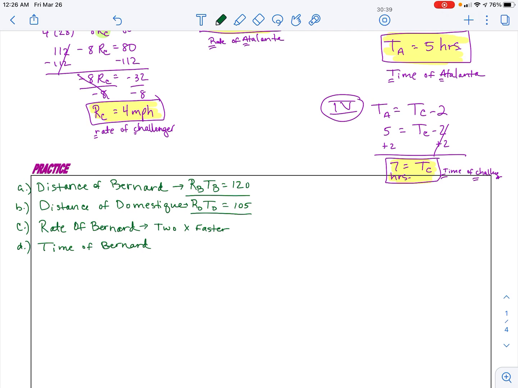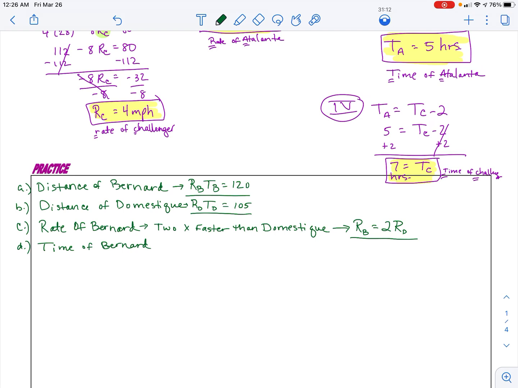I want you to write that down because I want you to see how we come up with this. 2 times faster than the local domestique. Now, how do we write that? So the rate of Bernard is 2 times faster than the rate of domestique. Okay, so there's the third equation.